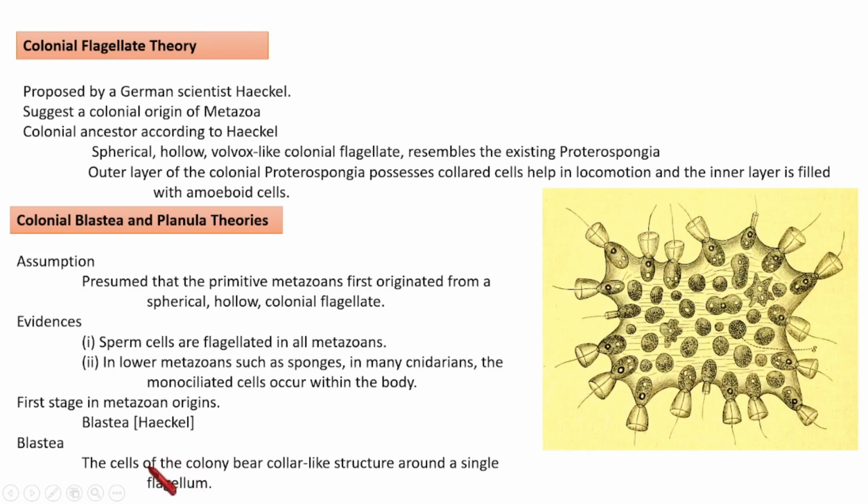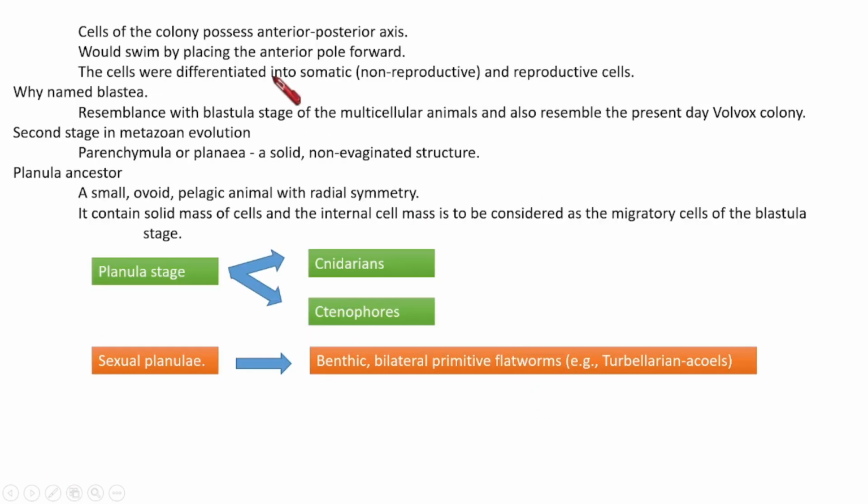That means unicellular cells form a colony with a collar-like structure around a single flagellum, and that organization is called a Blastaea. That is the first stage according to this theory. Also, each individual cell of that colony possesses an anterior-posterior axis.